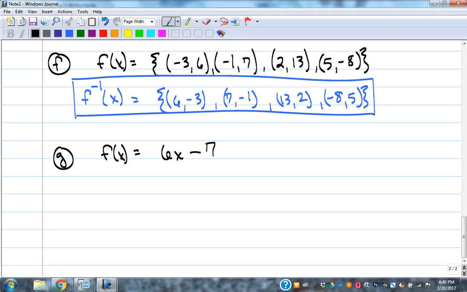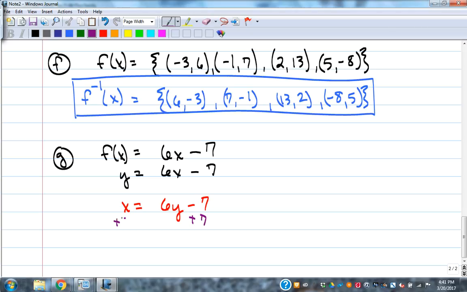So f of x is the same thing as y, right? Y'all remember that connection. So this is really what the equation is starting out. The inverse swaps x and y. So we're going to do that with our equation. Then we're going to get y by itself again. Okay, so we swap x and y, then solve for y.